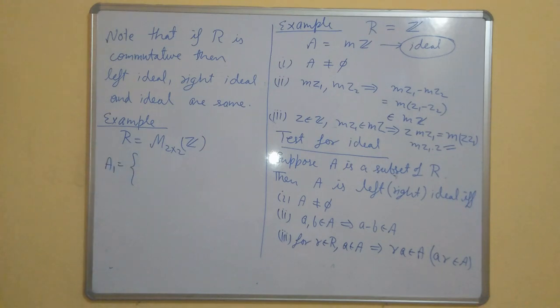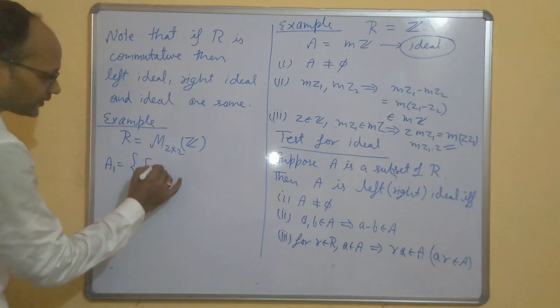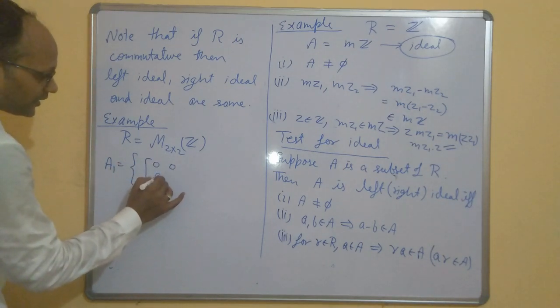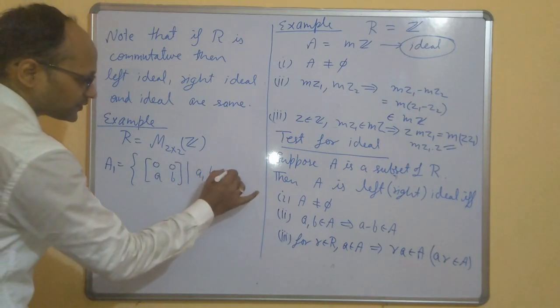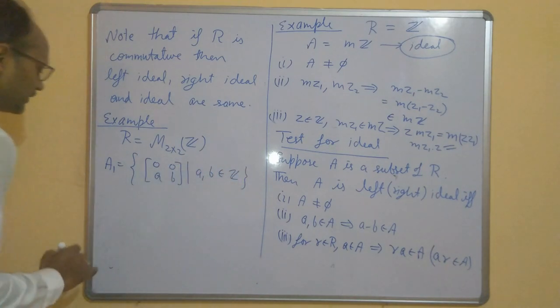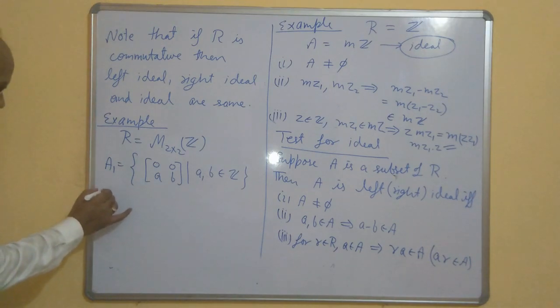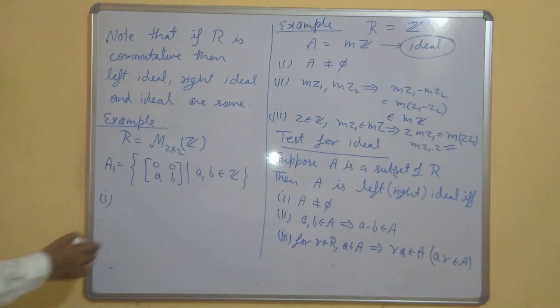I take one subset, and that subset is, suppose, the matrices [0 0; a b] such that a, b belong to Z. So let us check whether it is a left ideal or right ideal, or it is an ideal.